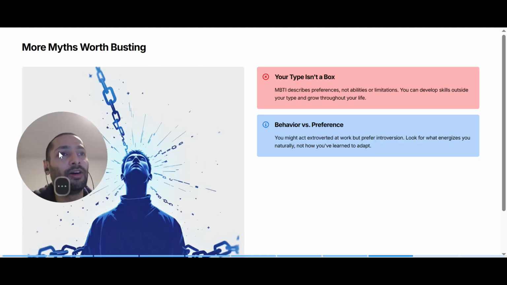Okay, so your type is in a box. MBTI describes preferences, not abilities or limitations. A lot of people use type as an excuse. I'm an INFP, I'm quiet, or I'm an ENTP, I'm meant to be controversial, I'm meant to say whatever I want, or I'm an INFJ, I'm allowed to be excused. I'm just being honest. That's kind of a big thing.